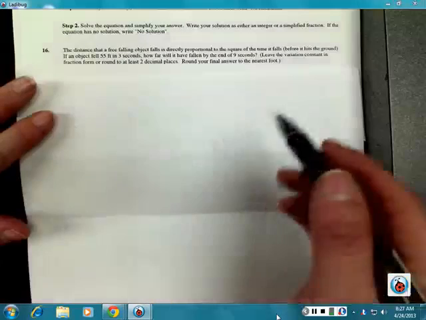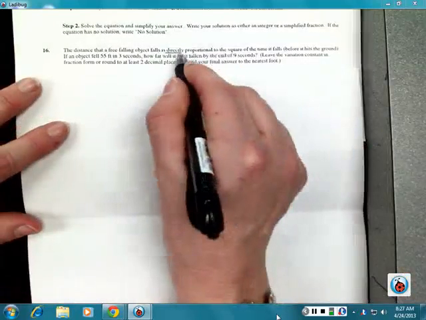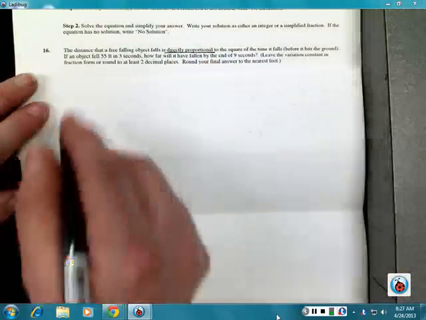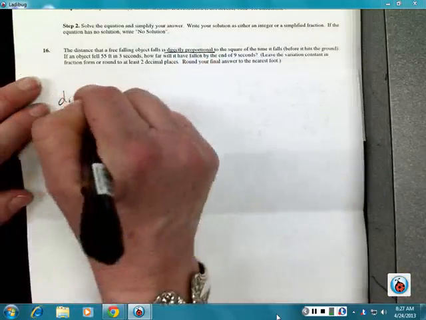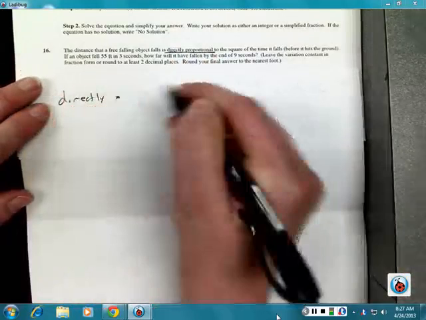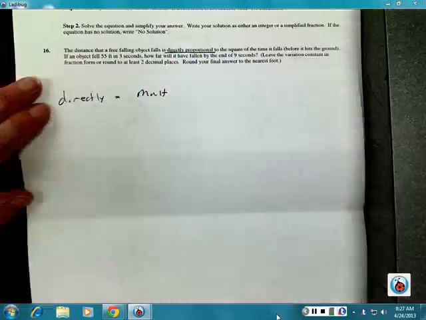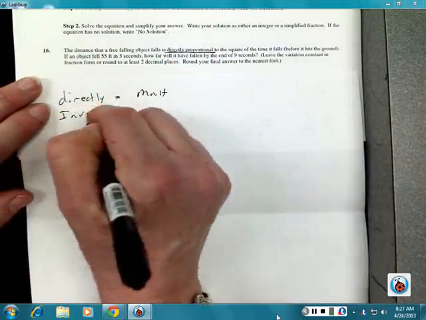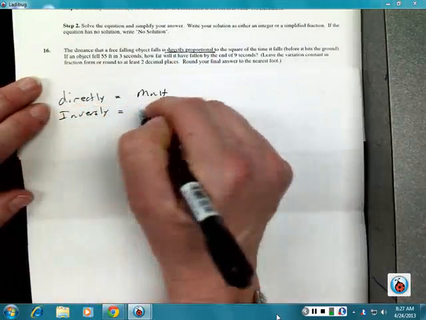But this is directly proportional. Remember those guys? We had directly, and directly meant a multiplication. We had inversely, and inversely meant a division.